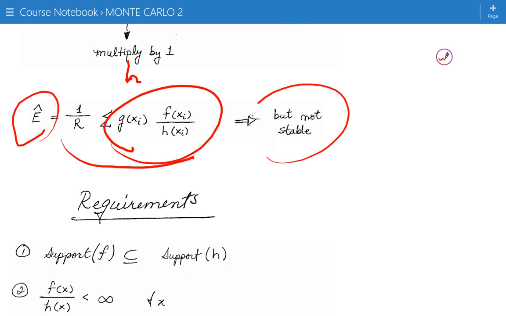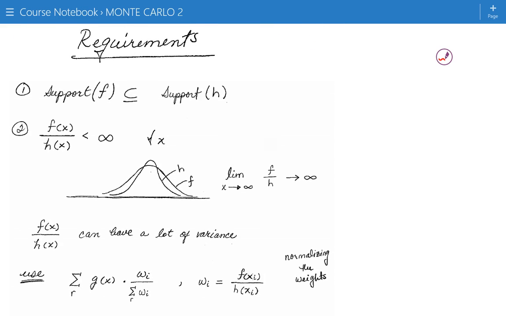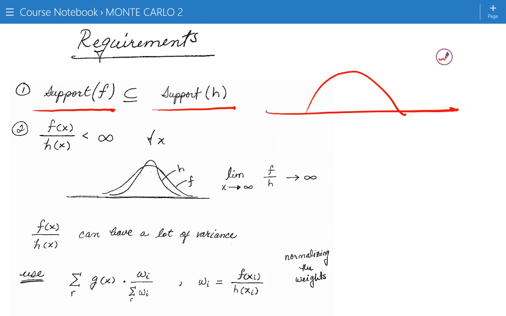Turns out that it's not necessarily very stable. It has to do with this ratio here, and we'll talk about that in a moment. In general, what this requires is that the support of the distribution f that you're interested in is contained in the support of h. So if for some reason h is bounded to here and you're interested in something outside of that, well, it's not going to work well because the support of f is outside of the support of h.